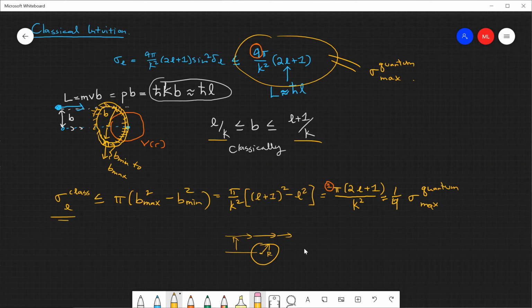So that's an important thing. This is an important intuitive calculation that shows you that quantum mechanically you can get quite a different answer than what you would expect classically.